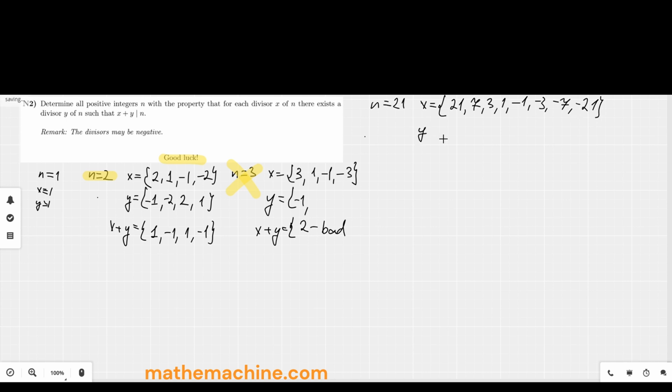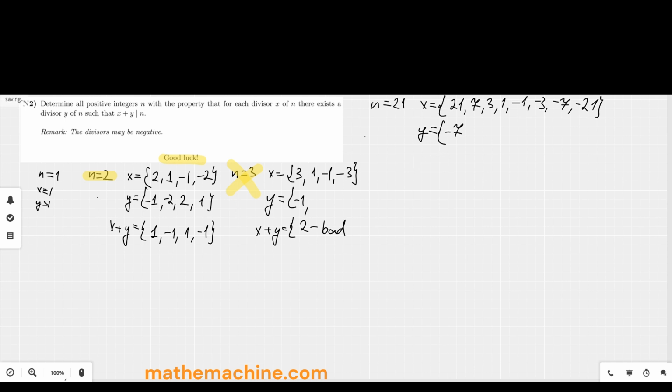And then we try to get y. Again, as I told you before, the first y should be negative, but the second smallest negative number is -7.